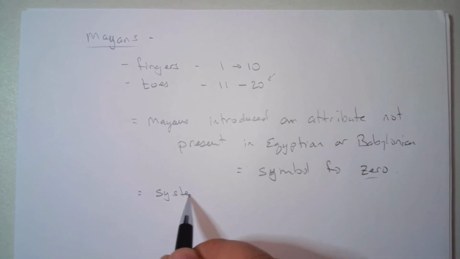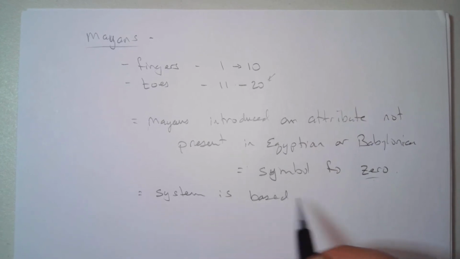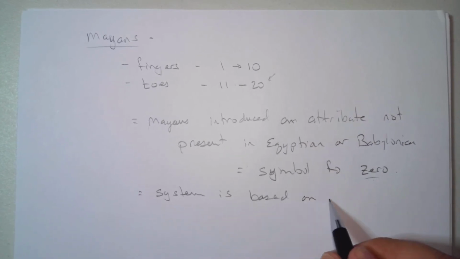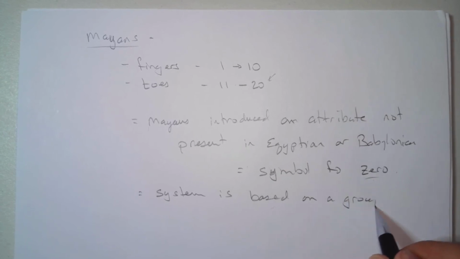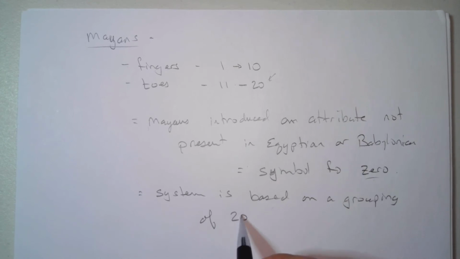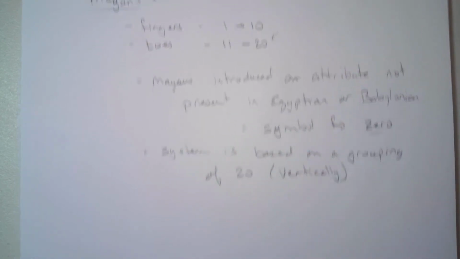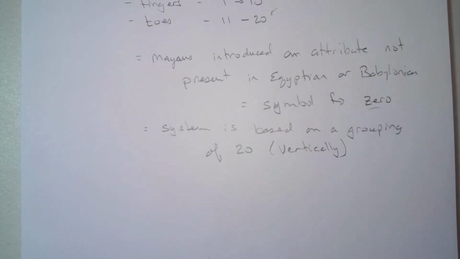The system is based on a grouping of 20, and it's done vertically. If I looked at a lot of the other systems, they were all done horizontally.